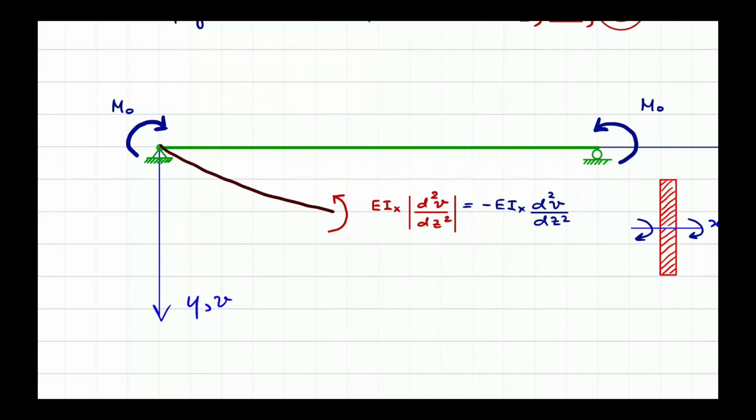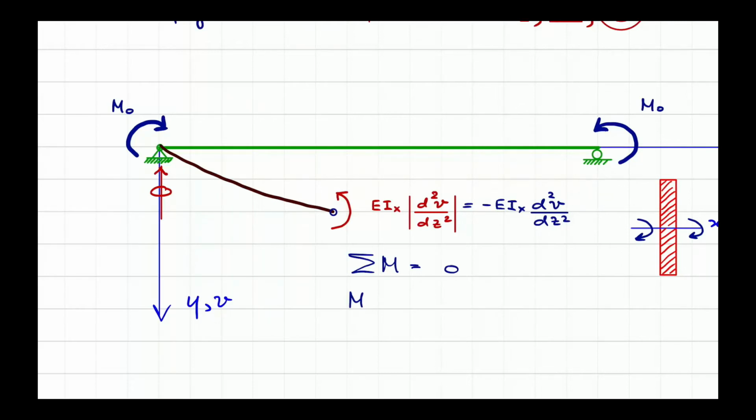So for the equilibrium equation, we set the sum of moments equal to 0. You take moment at any point you wish. You don't have shear for now. I think I should make it explicit to say that the shear is equal to 0. You cannot have the vertical reaction.